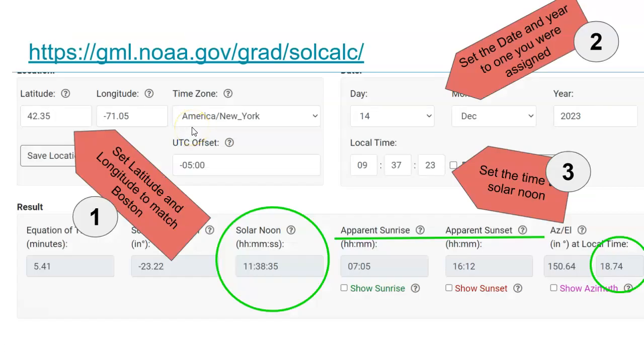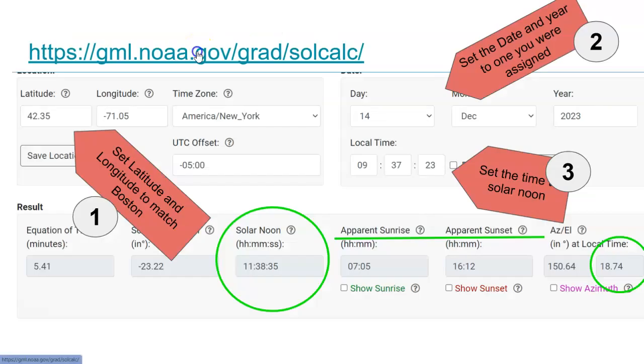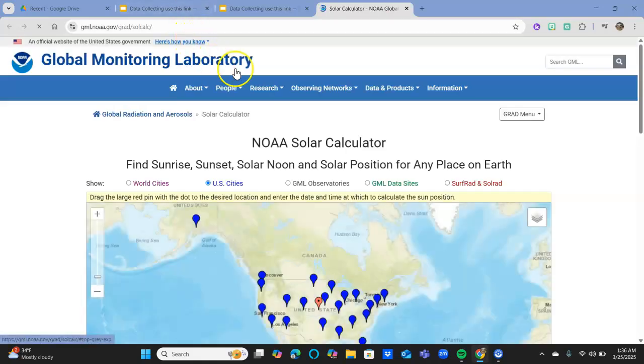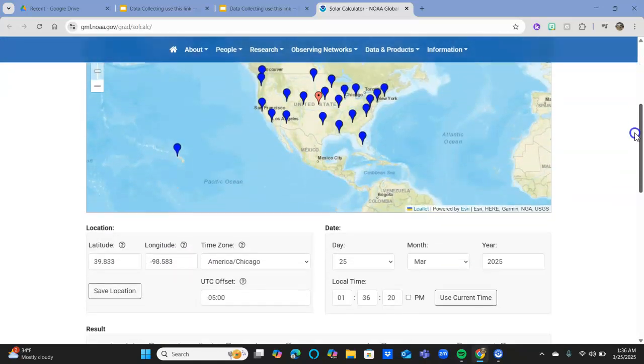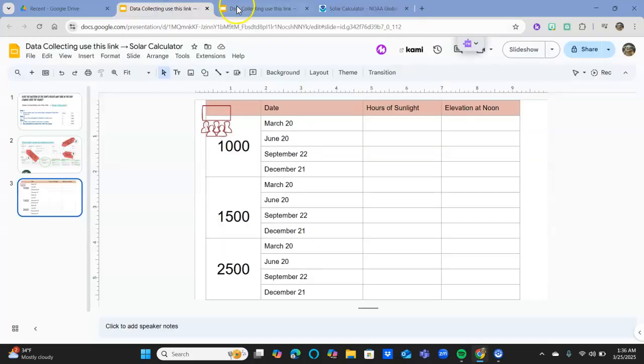So if you were in year 1000, you would start with March 20th. Okay. Going to that link again, that can be gotten in either of the slides. I'm going to set it for Boston. What was that?